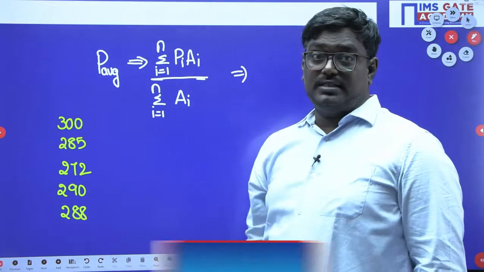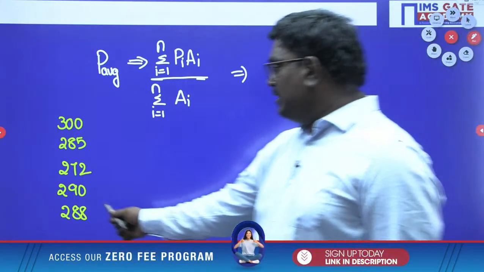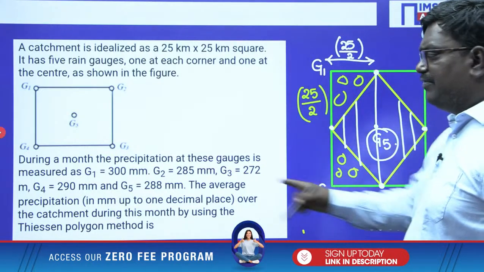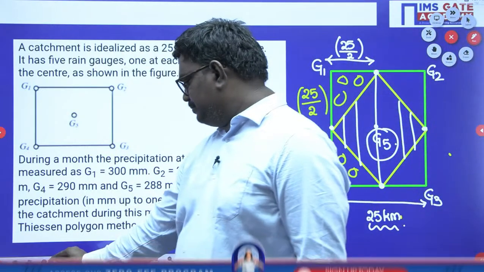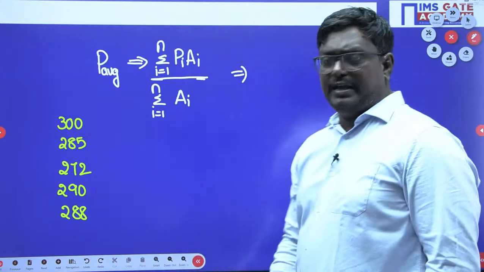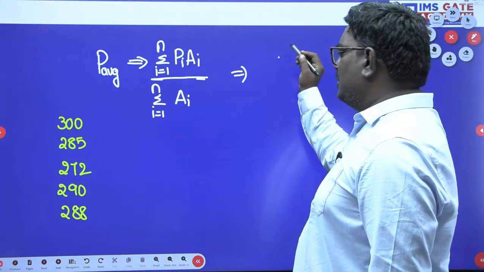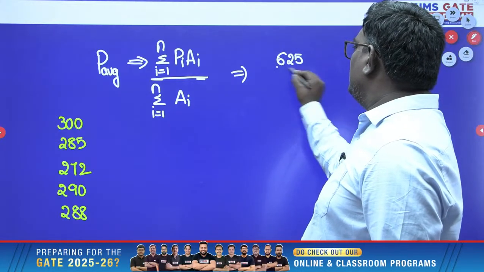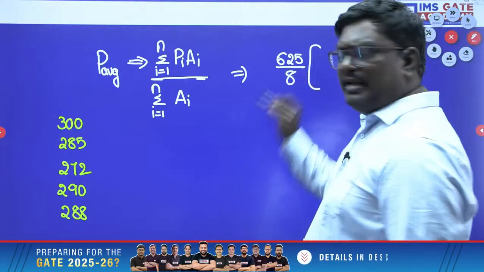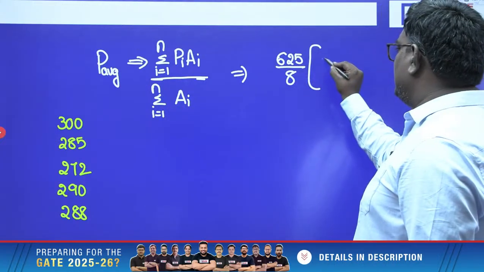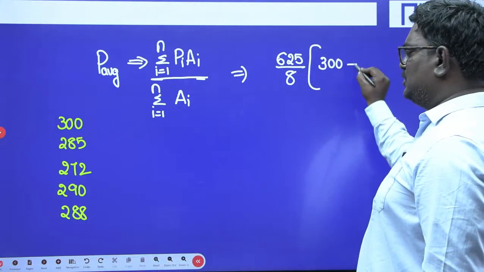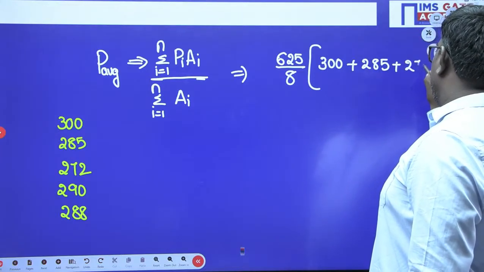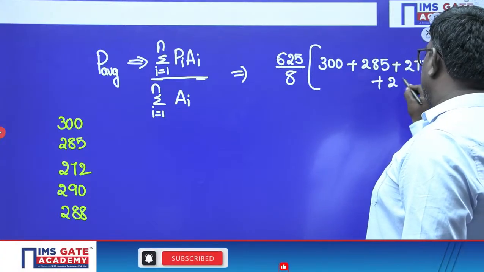Okay, area is how much, sir? 625 by 8. Apart from A5, see, here if you see, we have written for A5, the area is different. Remaining things are same. So, here what we can write, sir? Area will be common. So, if you take 625 divided by 8, this is the common area for 300 plus 285 plus 272 plus 290.